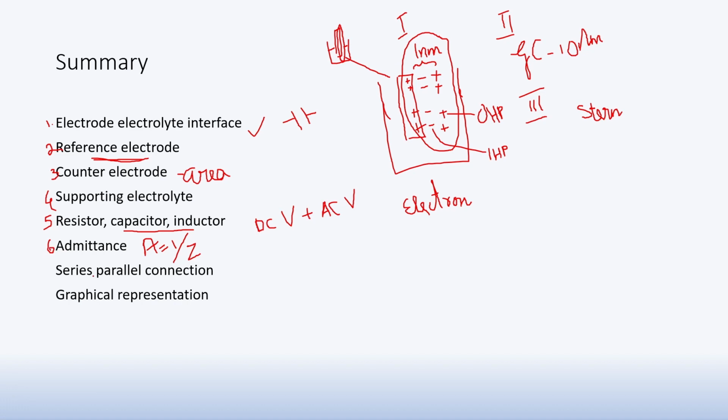The next thing we learned was series and parallel connection. To represent the system, I told you that we can use a combination of resistors, capacitors and inductors. Again, one should keep in mind we cannot use anything as such.